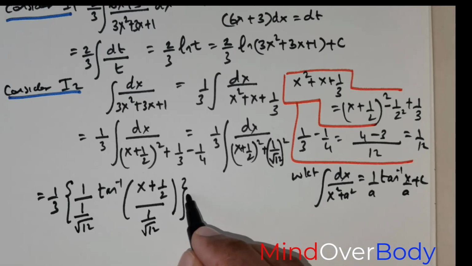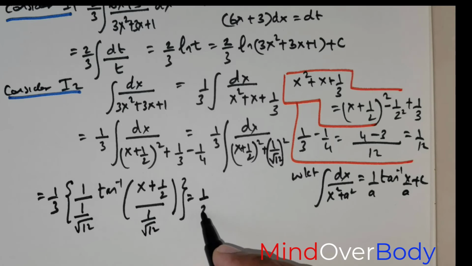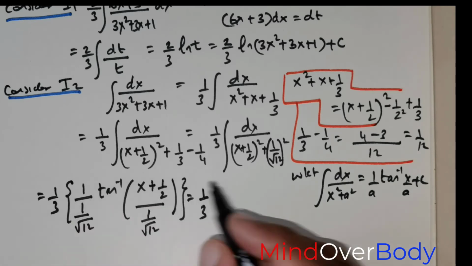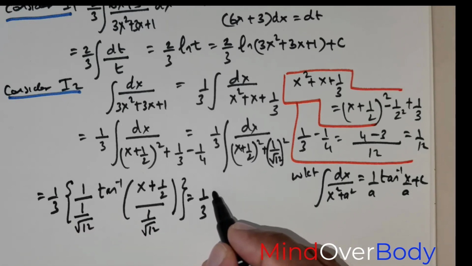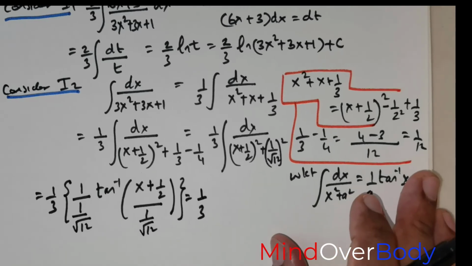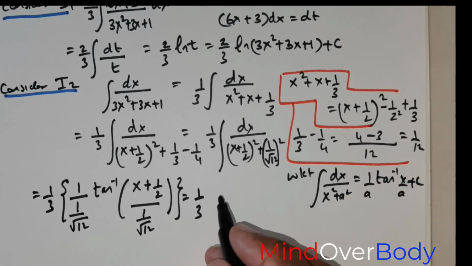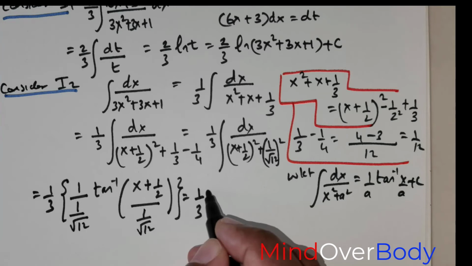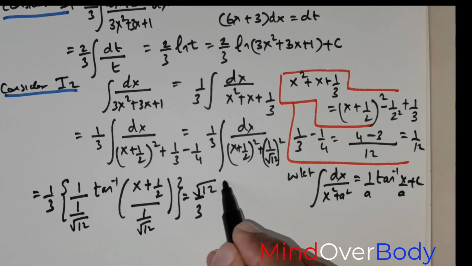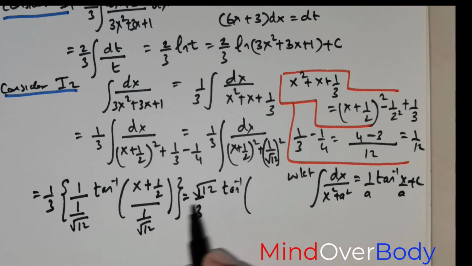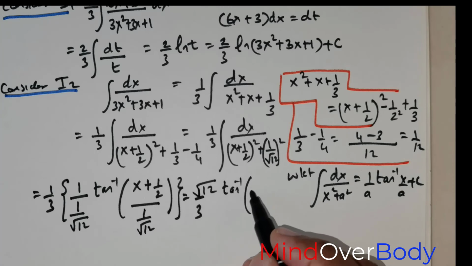So this is equal to 1 over 3. I can push this root 12 to the numerator, so that's going to be 4 times 3, which is 12. So let me place this as root 12, and tan inverse of my x; this can be simplified.